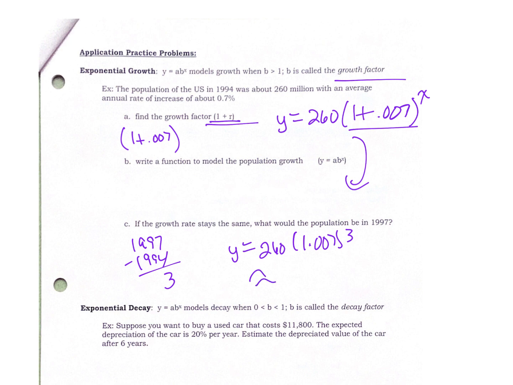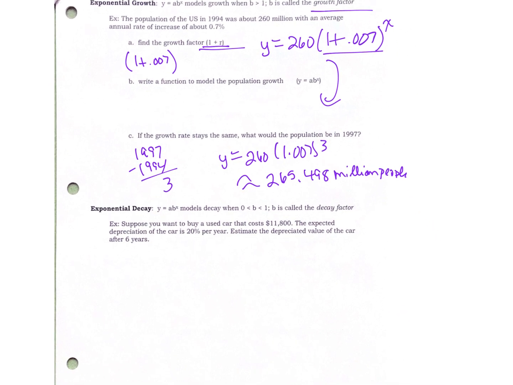So what do we find? I don't remember. 265.498 million people. Crazy. It's messy. Sorry, guys.